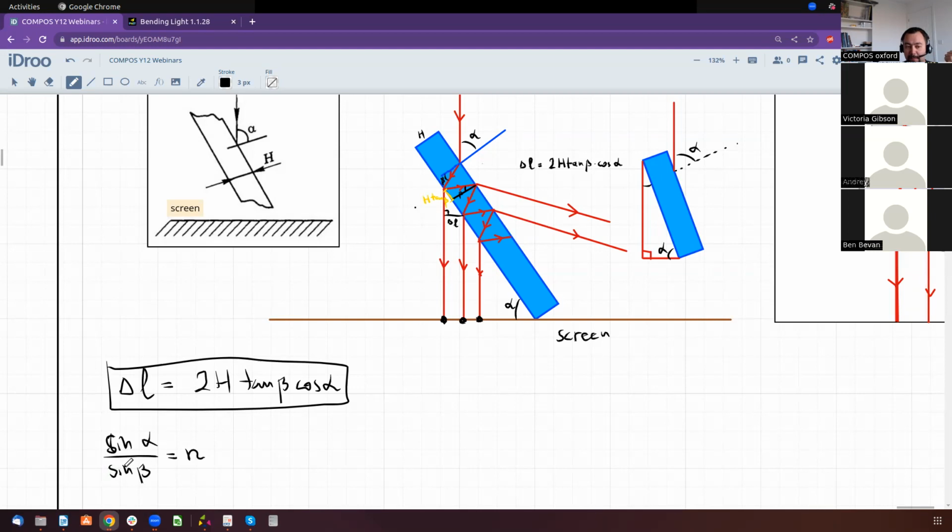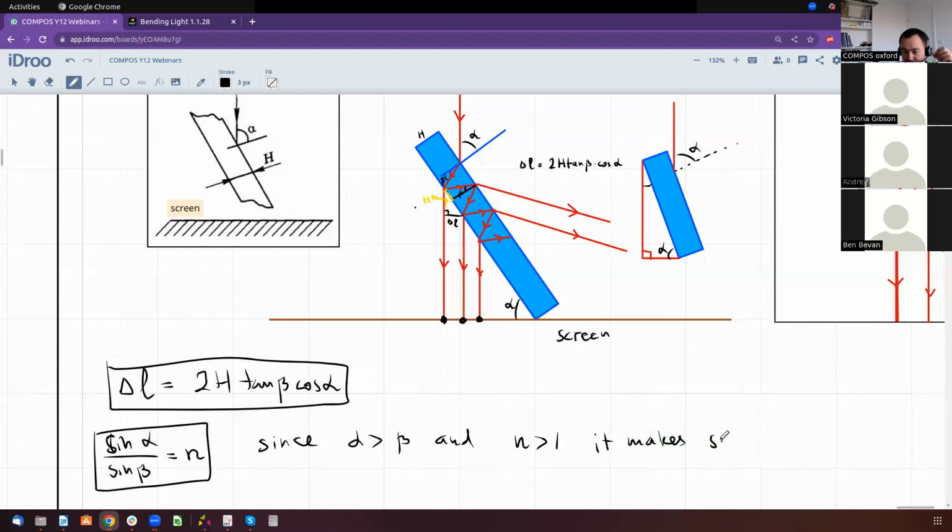I always use the bigger angle at the top and the smaller angle at the bottom. And that makes sense because n is always greater than 1. So when using Snell's law, just keep in mind, since alpha is greater than beta and n is greater than 1, it makes sense.